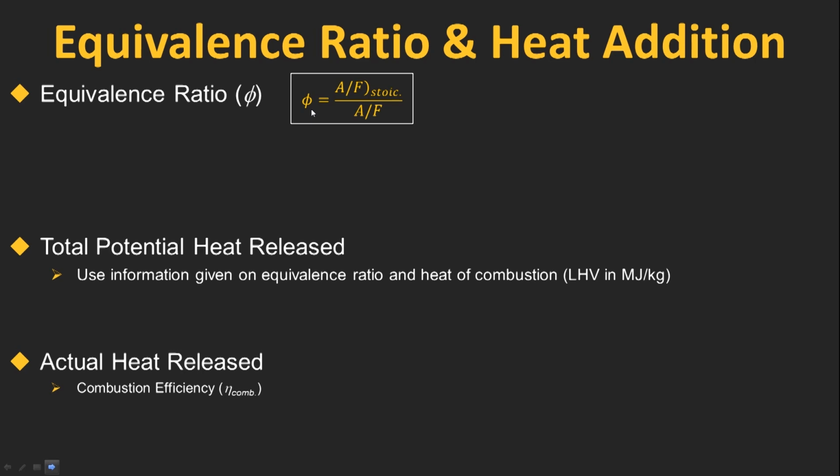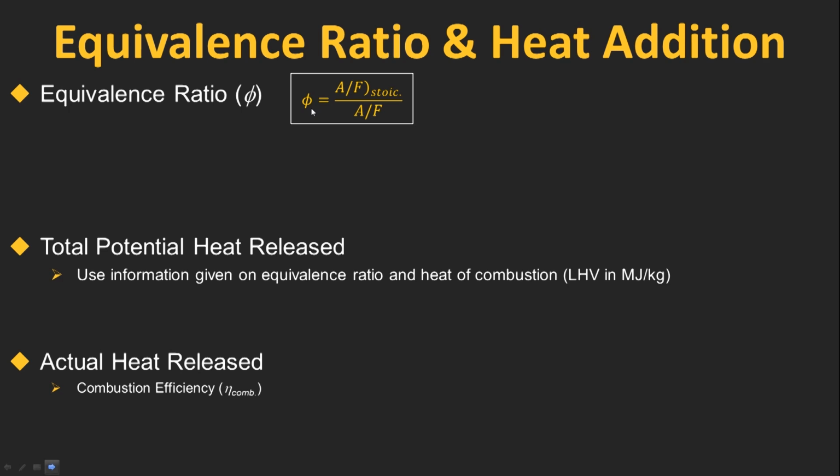Similarly, if phi is greater than 1, then the mixture is fuel rich with not enough oxygen to fully consume all of the fuel. Another important point is that when it comes to equivalence ratio, we don't need to specify whether we are comparing air-fuel ratio to that at stoichiometry on a molar or mass basis.